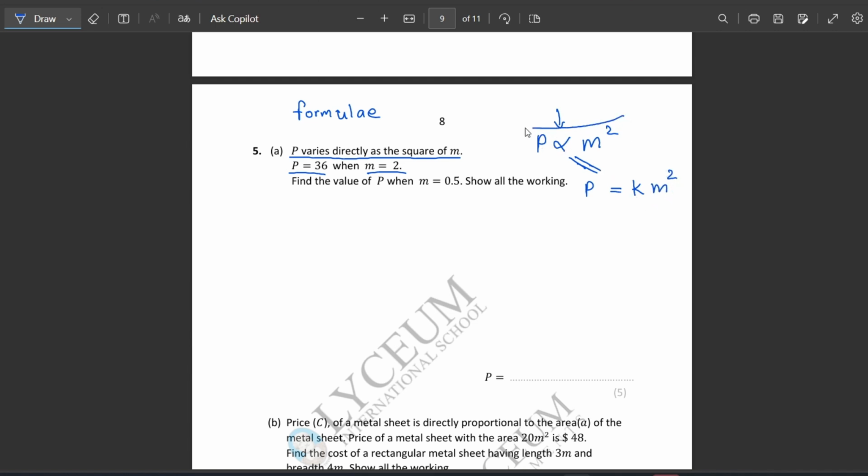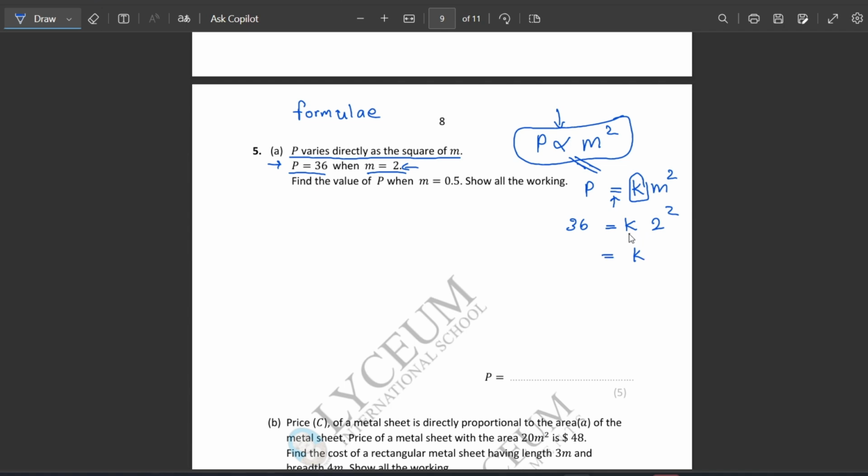If we have this kind of relationship, we can convert it into an equation using another constant. So using these two values, we can find the value of the constant. So P equals 36, K we don't know yet, 2 square. Now we can find K.